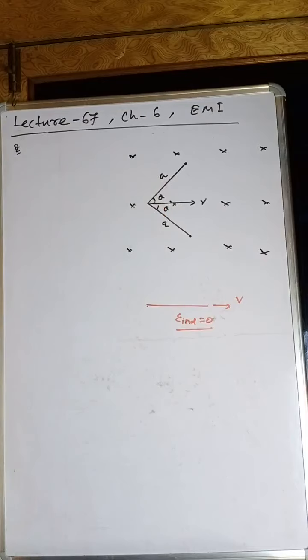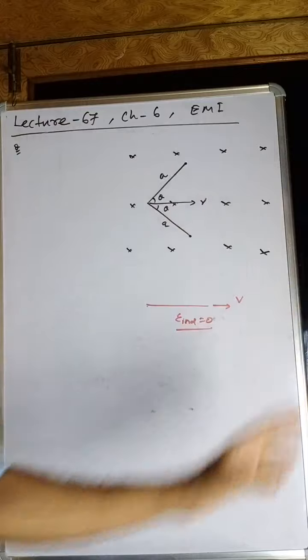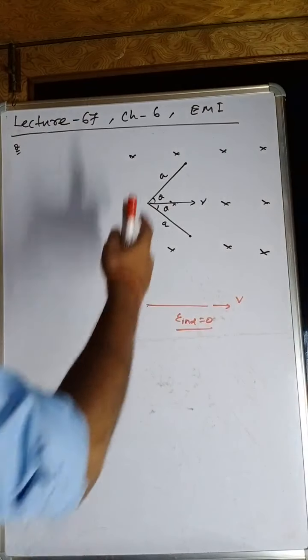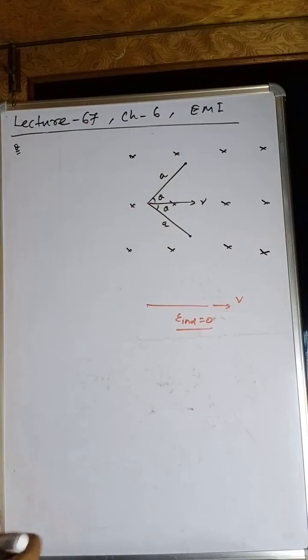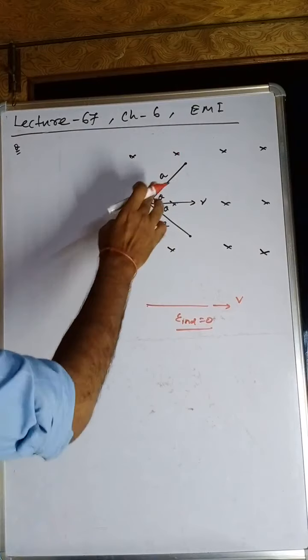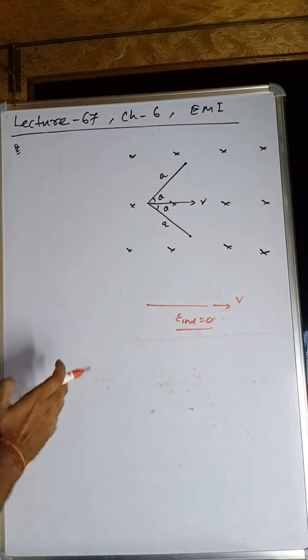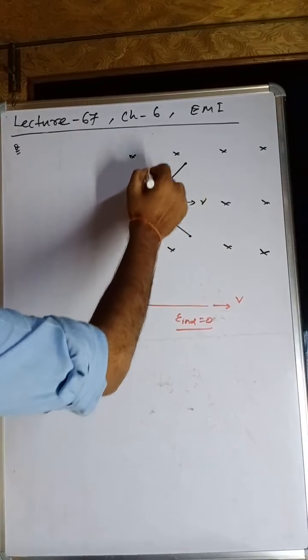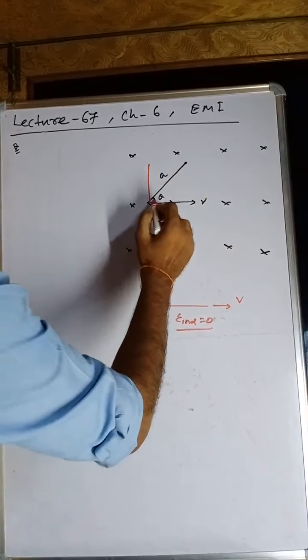But here, as this rod is moving in this uniform magnetic field, you can have two components of this rod, one along this and one along this.